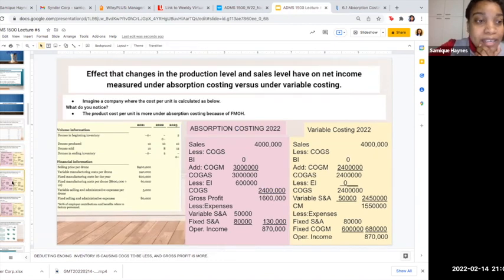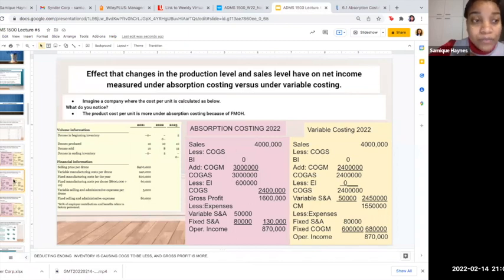Now that we have ending inventory, our cost of goods sold is how much? 2,400,000. Did our cost of goods sold go up or down? Drop in the chat what you think. First it was 3 million, now it's 2,400,000.